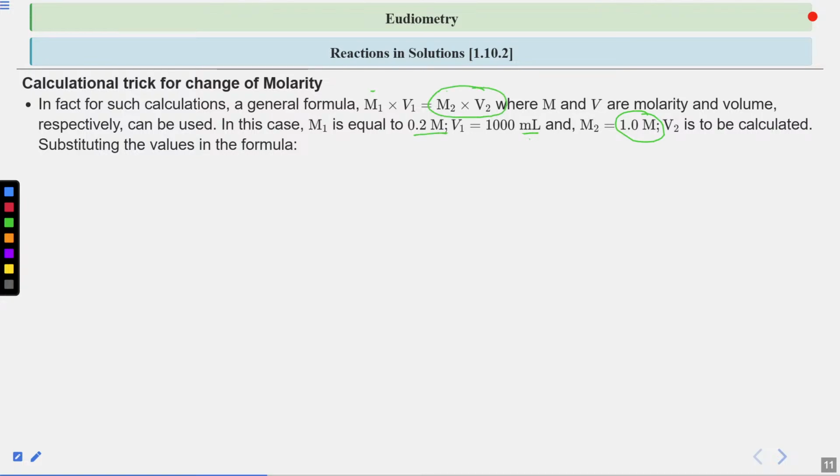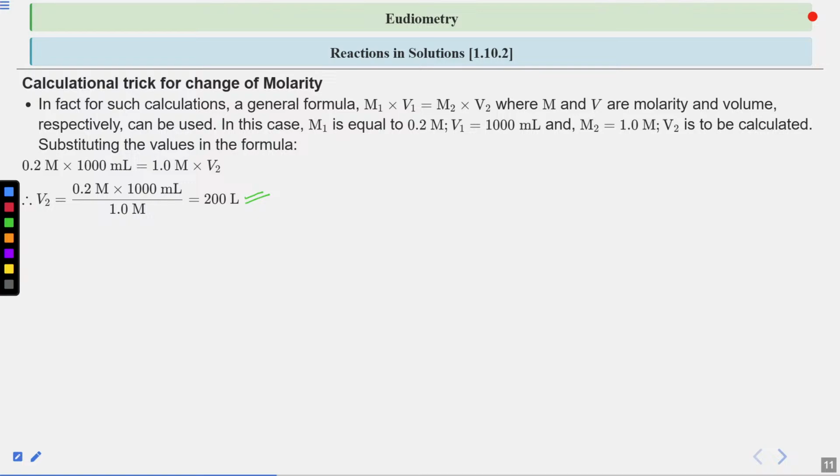Then here we will take 0.2 and here we will take 1. Then from here you can easily calculate the volume. If we put all this in, then we will get V2 as 200 liter. Yes, we are basically diluting the solution.